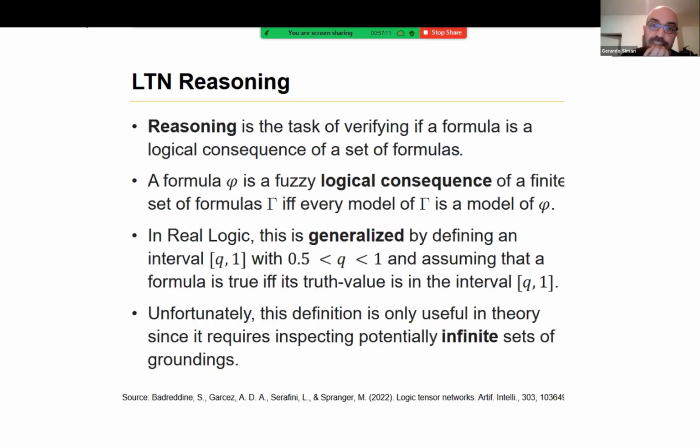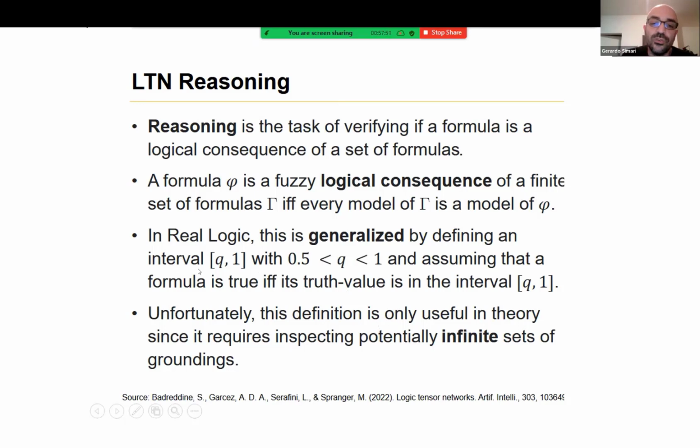Reasoning is then the task of verifying if a formula is a logical consequence of your theory. So if you have your formula phi, all you have to do is check if it's a logical consequence, which is if all models of your theory gamma are also models of your formula phi. So you can generalize this in real logic, because if I say that something holds, you have to fix a threshold, right?